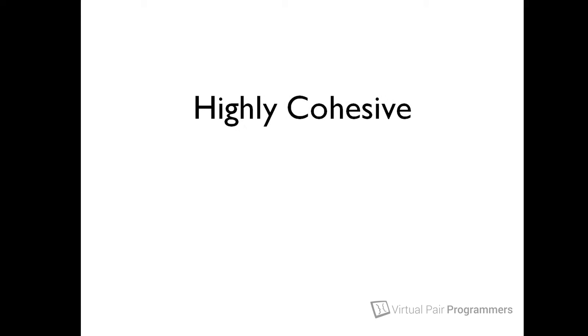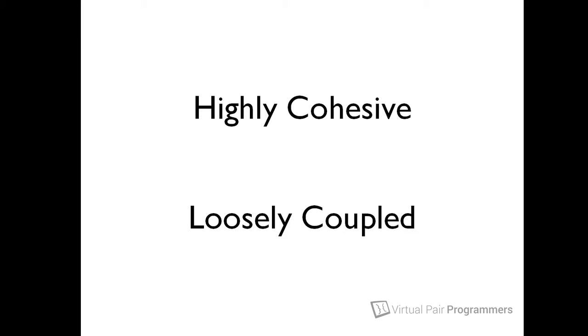Another chief concern with microservices, and again, this is just good design, it's good architecture that we will have discussed on many previous Virtual Pair Programmers courses, is that each microservice should be highly cohesive and loosely coupled.